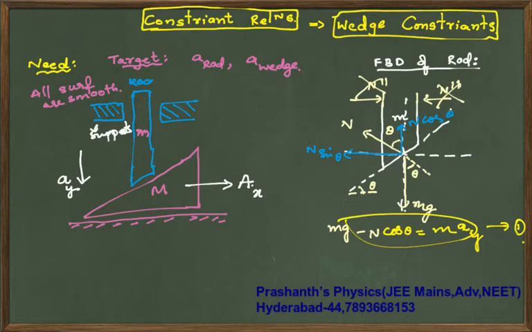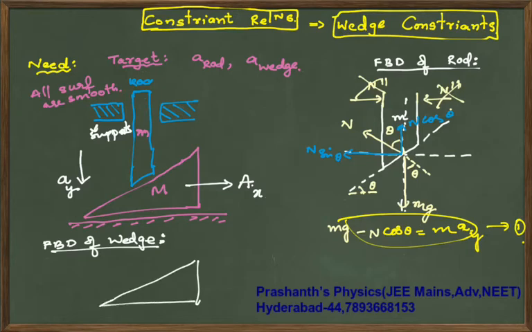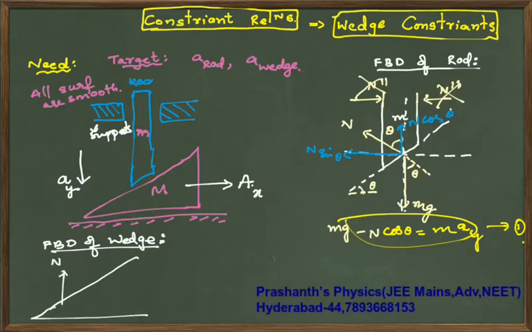Similarly, if you draw the free body diagram of the wedge, I need a bigger diagram, so I'll try to draw it a little big, please adjust. You will have N dash because of the ground, and capital Mg also because of the ground, downwards. Allow me to draw this properly.